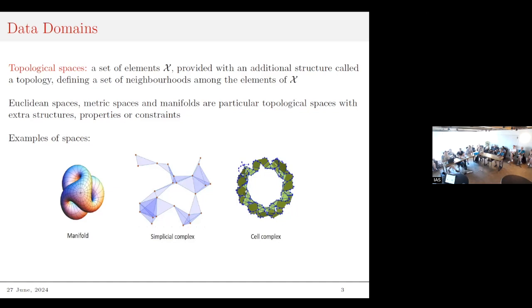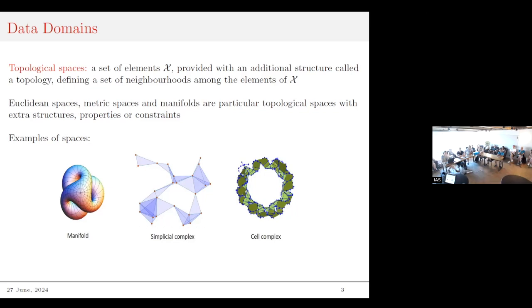There are several topological spaces: Euclidean spaces and metric spaces are topological spaces, manifolds are topological spaces, particular topological spaces for which we have a local representation of the space that is a Euclidean space. We can approximate a manifold locally by a Euclidean space.